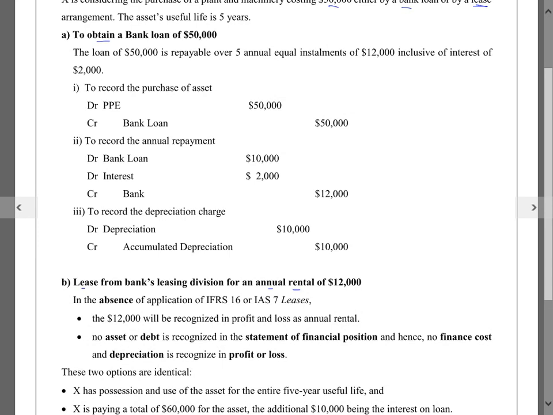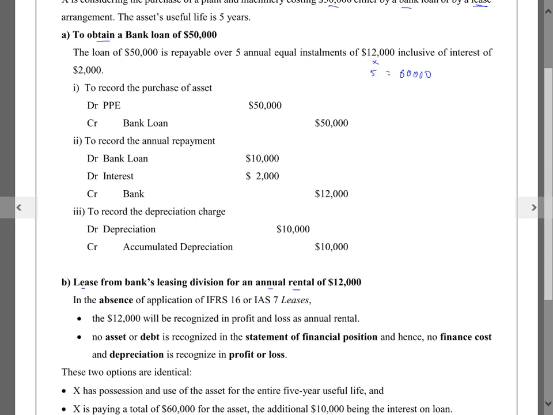If I borrow 50,000 and repay over 5 installments, it will be 12,000 for 5 years, which means I'm going to pay 60,000. I borrow 50 and pay back 60, meaning the bank earns 10 interest.